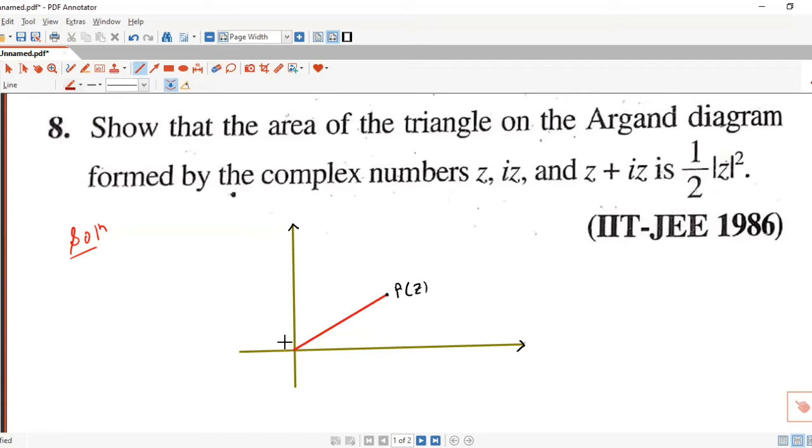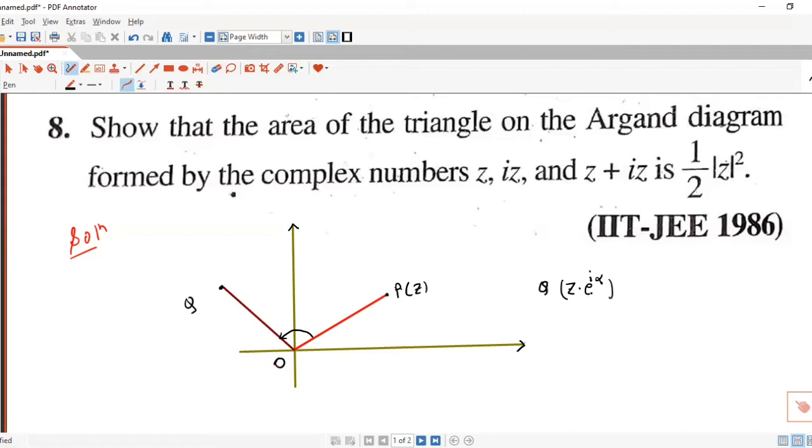Okay. Now suppose we multiply this complex number Z by the number e to the power i alpha. Then we know that our complex number will rotate in the anti-clockwise direction by the angle alpha.